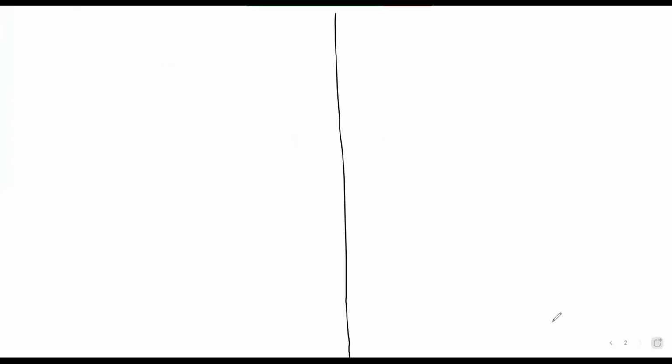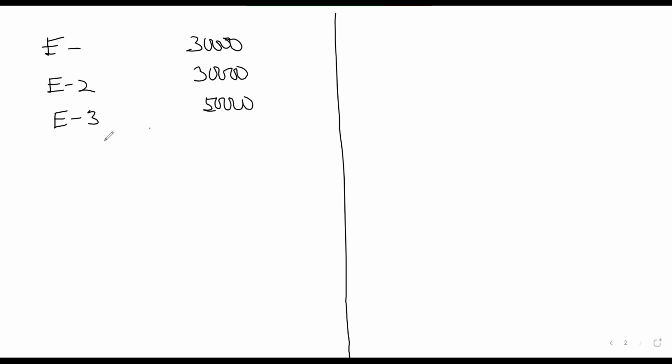E1 will be 30,000. E2 will be 30,000. And E3 will be 50,000. So in actual sense, what should have been the amount that we should receive? 110,000, isn't it?